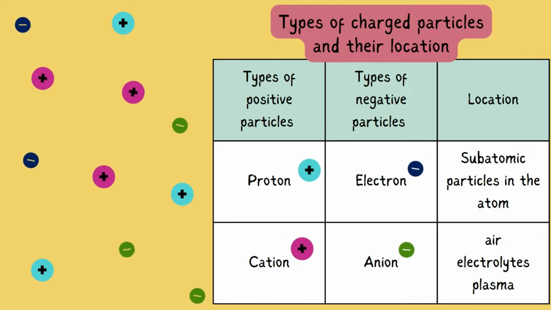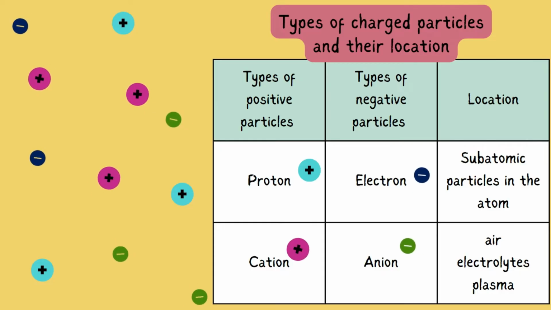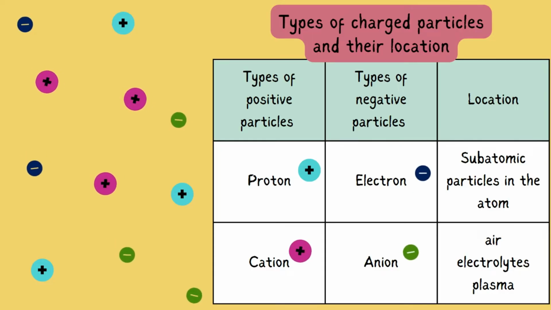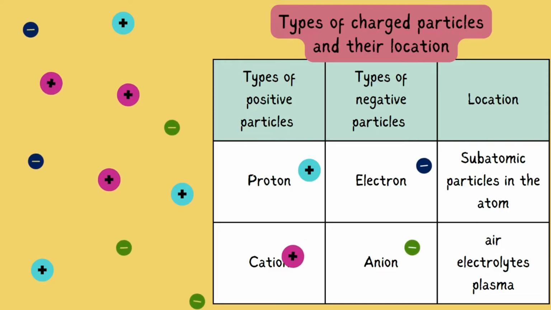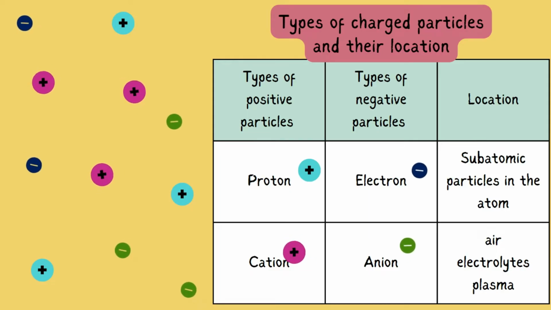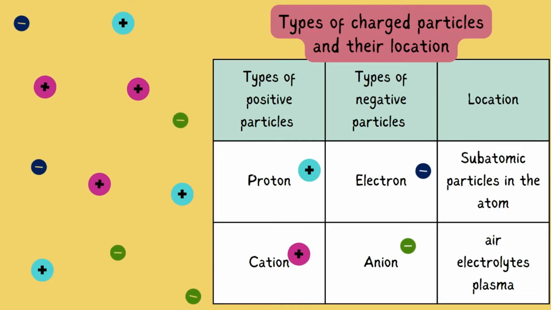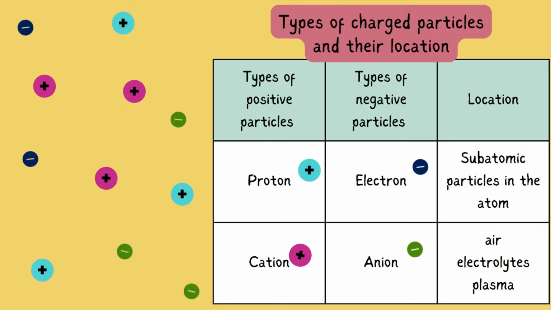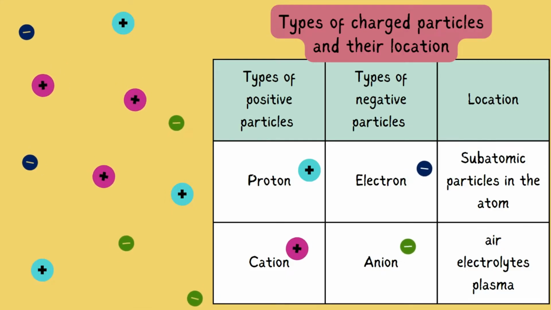The types of charged particles that we will be referring to throughout this lesson would be the proton, the electron, the cation, and the anion. The proton and the cation are both positive particles, while the electron and the anion are both negative particles.